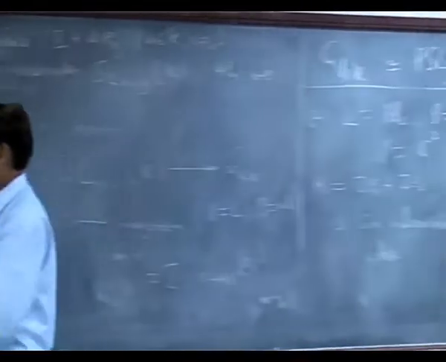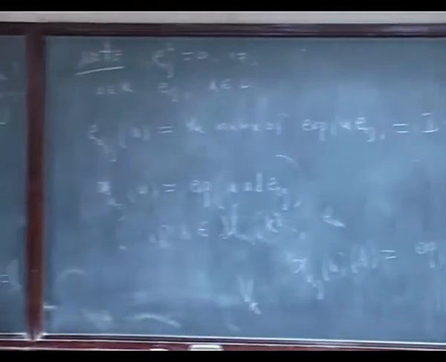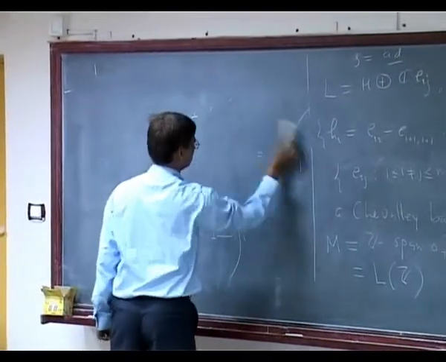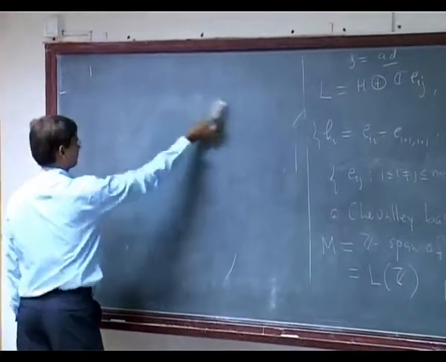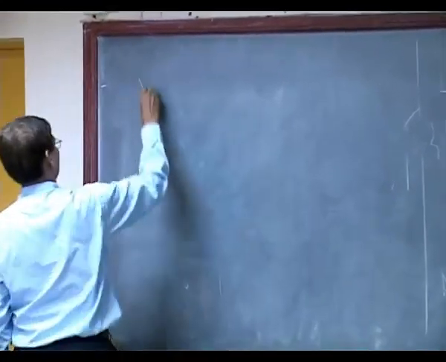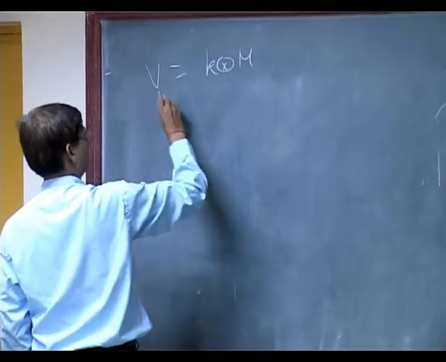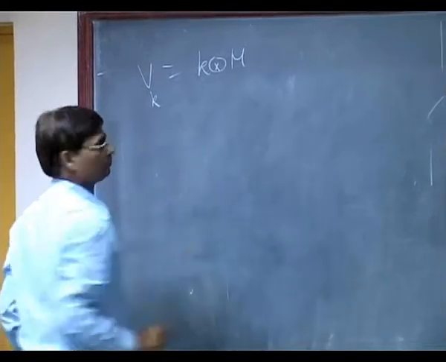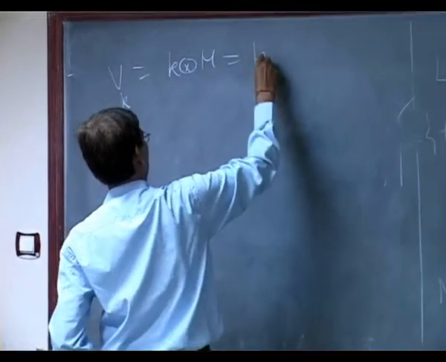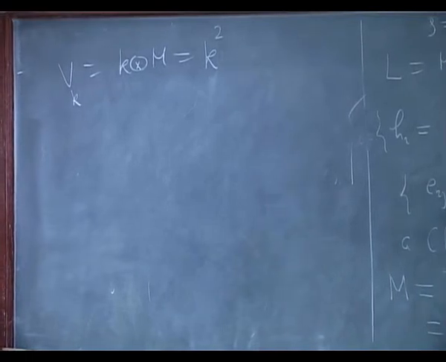In this case, V K is K tensor M, which is nothing but K squared.